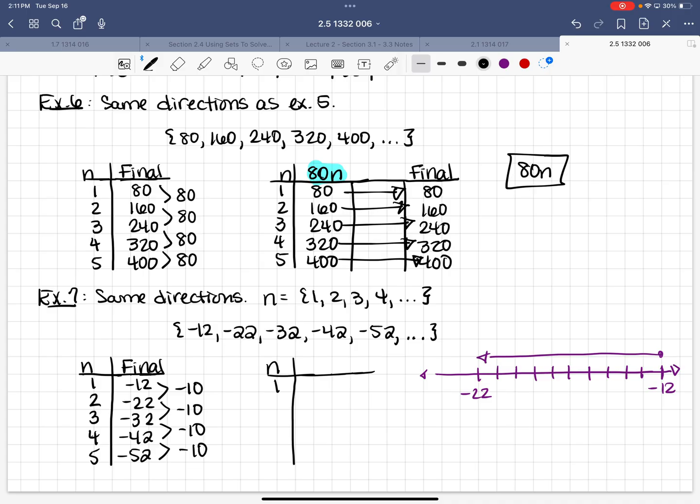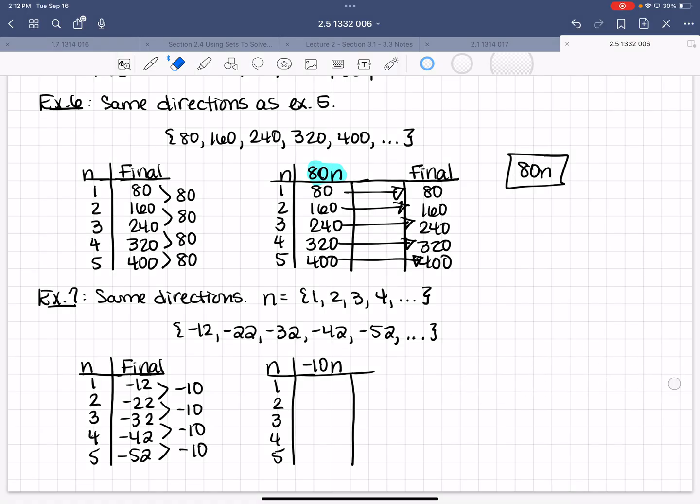Okay? So now for the big table. I've got 1, 2, 3, 4, 5. You're telling me this is going to be negative 10n. I'm going to erase this number line. Then I'm probably going to need a blank here. And then I've got my final. Over here in my final, I need negative 12, negative 22, negative 32, negative 42, negative 52.